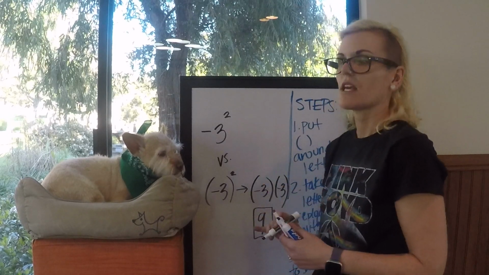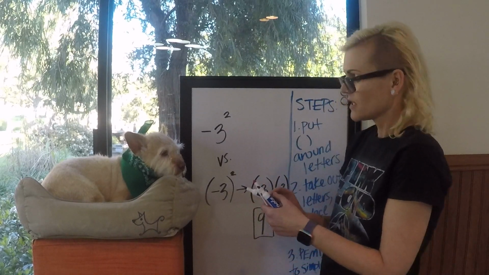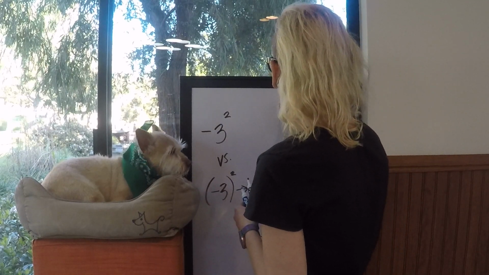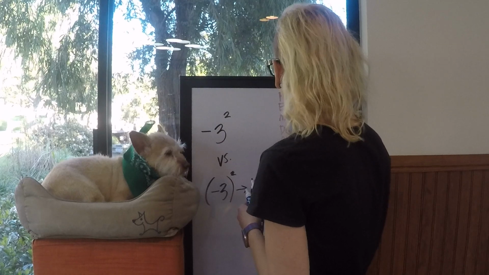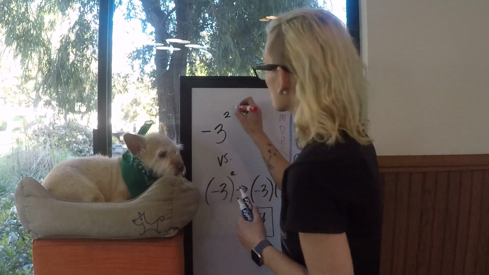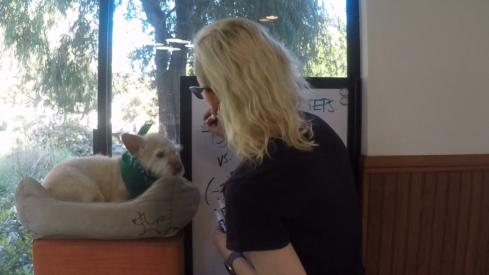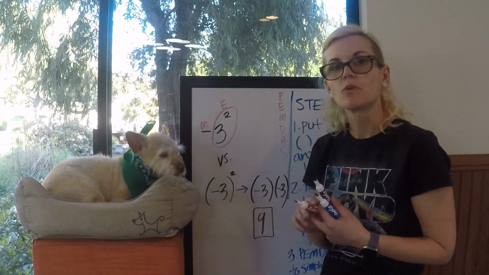Okay? In this case, this is a PEMDAS rule. So in PEMDAS, this portion is my exponent. This portion is my multiplication.